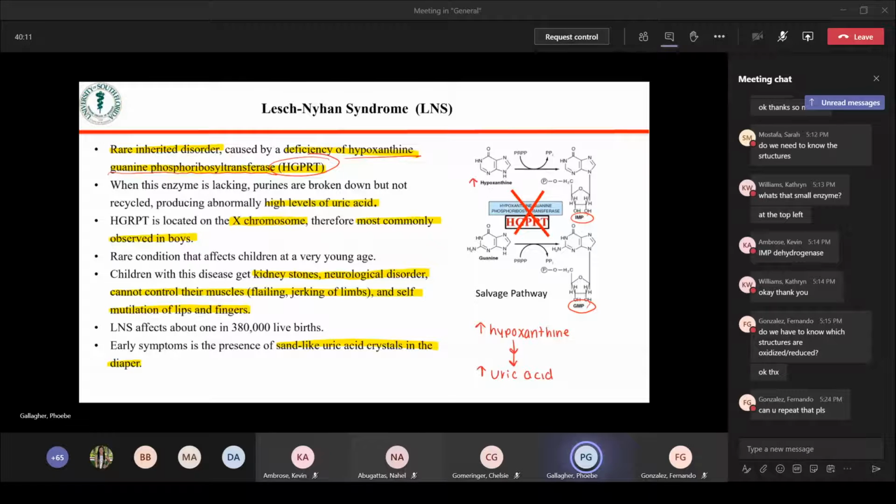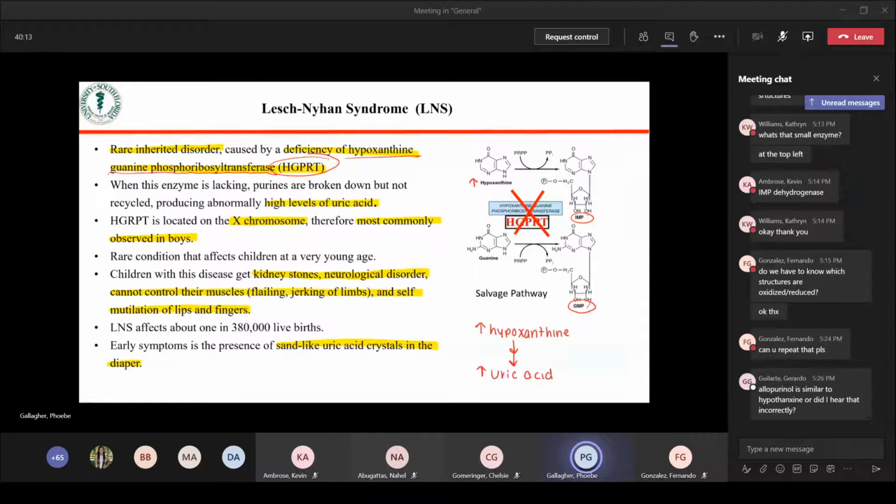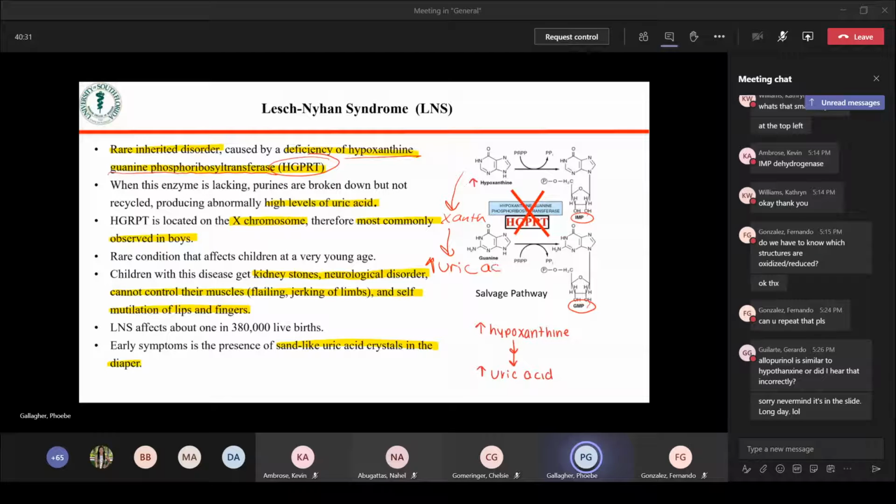So that winds up with hypoxanthine increasing in concentration because it's not being converted into IMP. And so as a result, you have hypoxanthine going down the uric acid pathway where it turns into xanthine and then down to uric acid. And you get the same problem where you have an increased amount of uric acid.